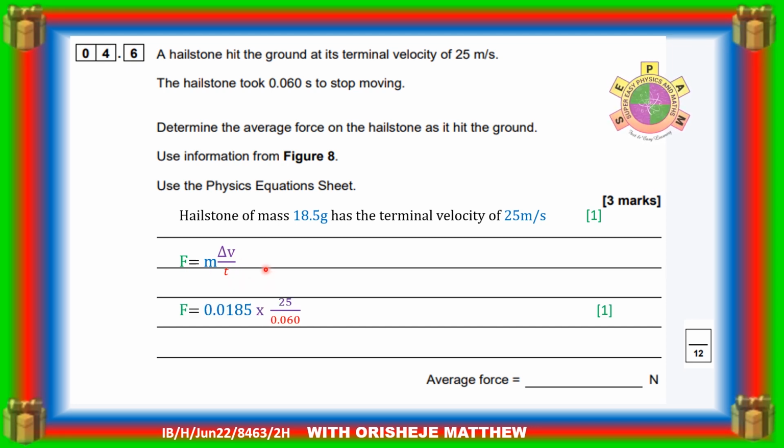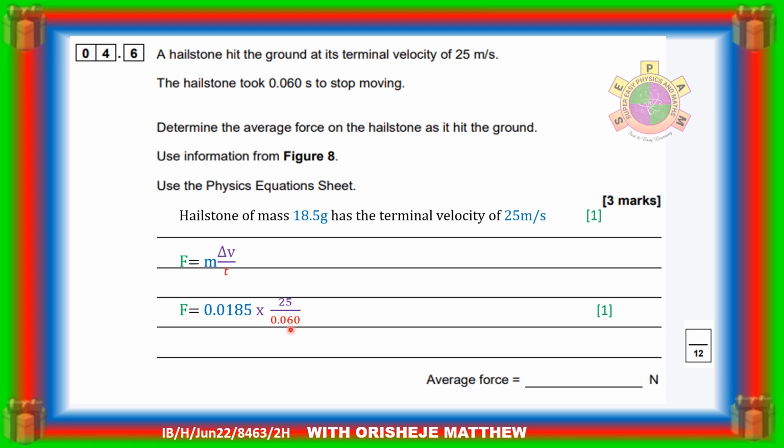Now this mass in gram must be converted to kilogram, so you divide it by 1000. That is why the value here becomes 0.185, the 18.5 gram converted to kilogram. Then you multiply by the terminal velocity, then divide by the time of impact.